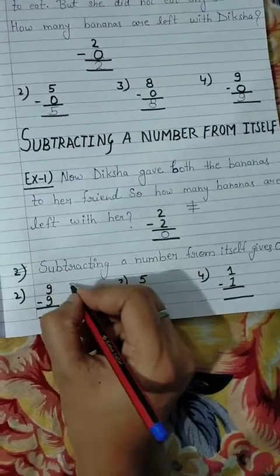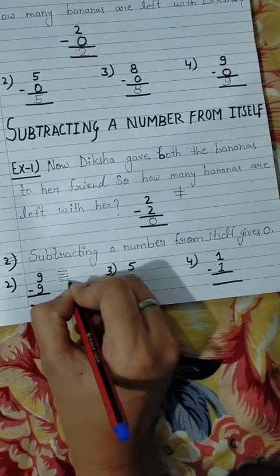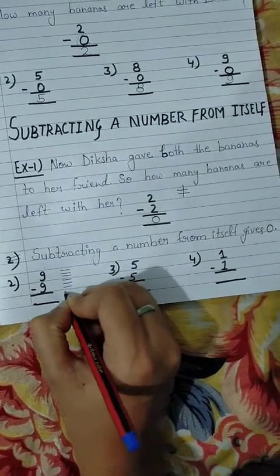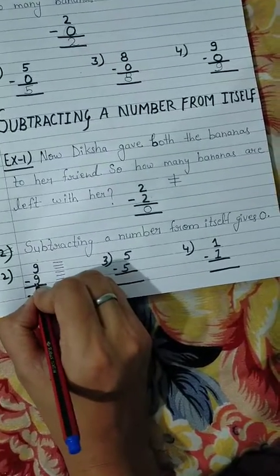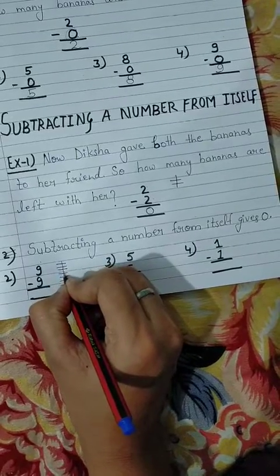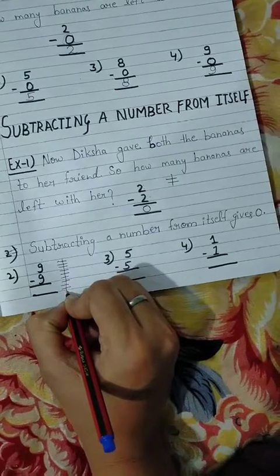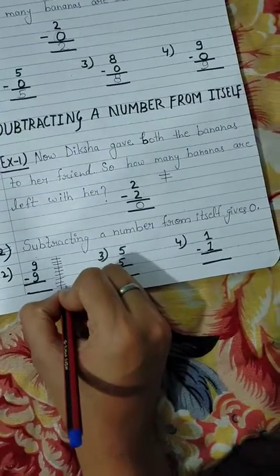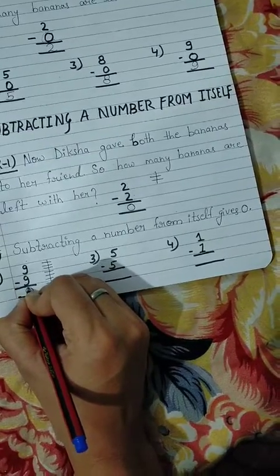So student, draw here 9 lines. 1, 2, 3, 4, 5, 6, 7, 8, 9. Now how many lines do you have to cut? 9 lines. So 1, 2, 3, 4, 5, 6, 7, 8, 9. 9 lines are cut here. Now how many lines are left? 0 lines.